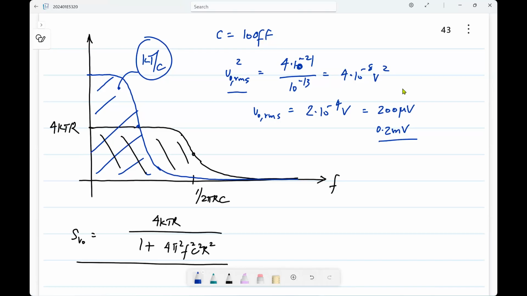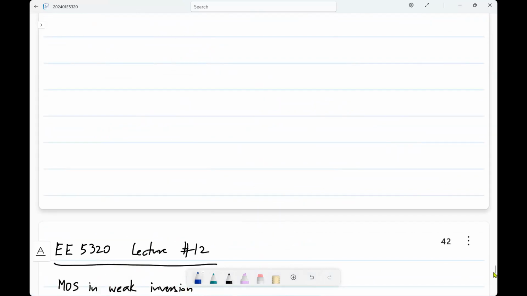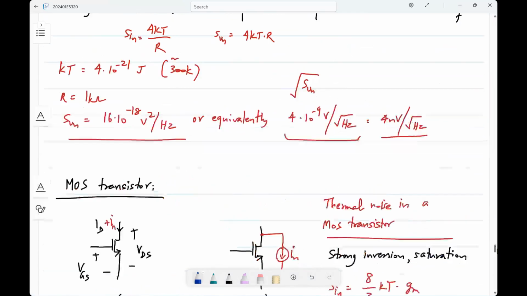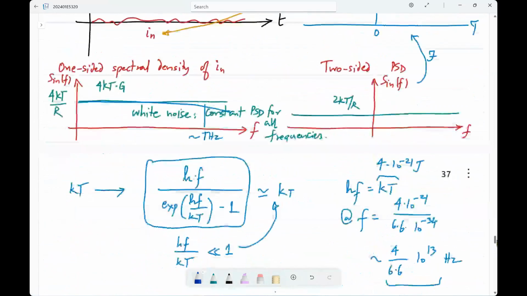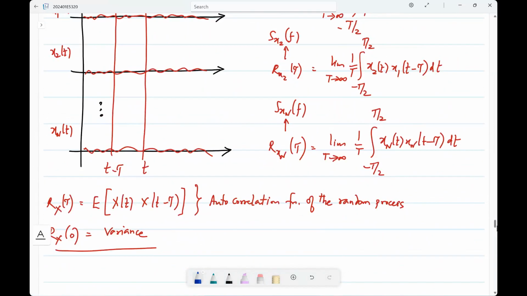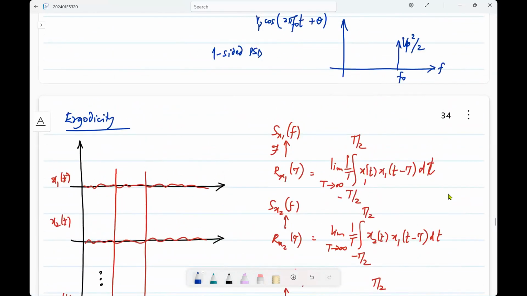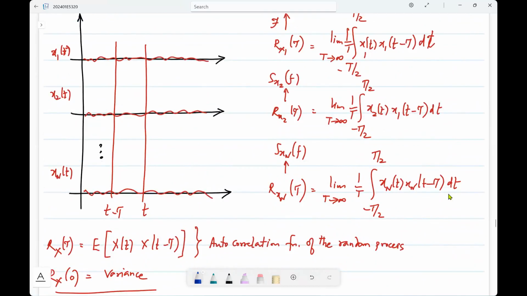So for ergodic processes, let's say if we go back. You have all these different samples of the random process, x1, x2, and so on. And you can calculate the autocorrelation.